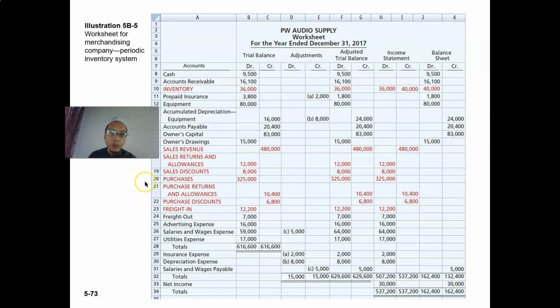They do not use purchases accounts. But under the periodic inventory system, because these accounts are used, they must be inserted into the worksheet to go under the trial balance, the adjusted trial balance, as well as the income statement. And there's no cost of goods sold under the income statement for the periodic inventory system, but the other items will be the same.